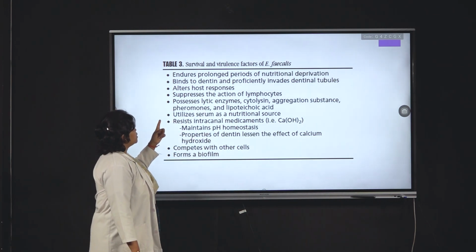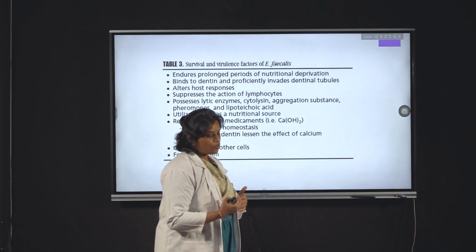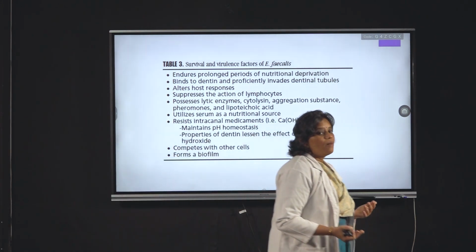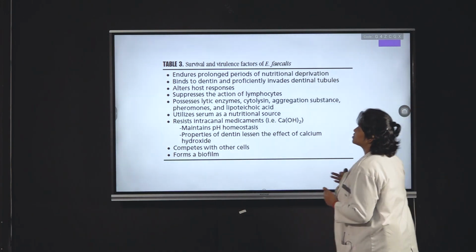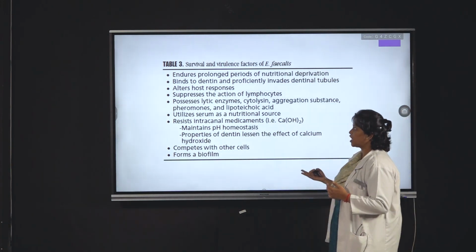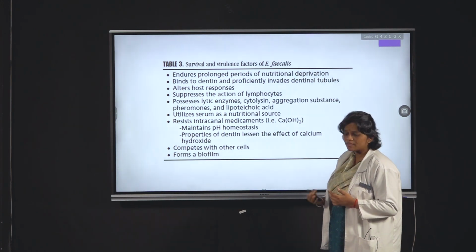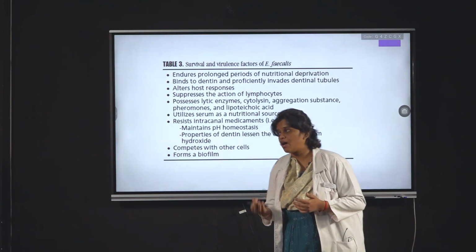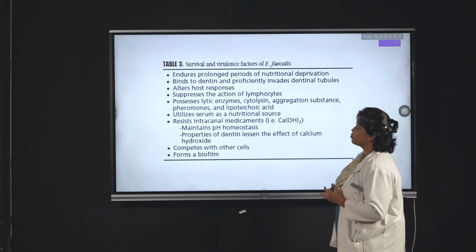Next, it alters the host response. That means it alters the host immune response by not getting affected on its own. Next, it suppresses the action of the lymphocytes, that is, the immune reaction of the patient. It possesses various enzymes, and the bacterial byproducts are very, very harmful, thus decreasing the immunity of the patient.